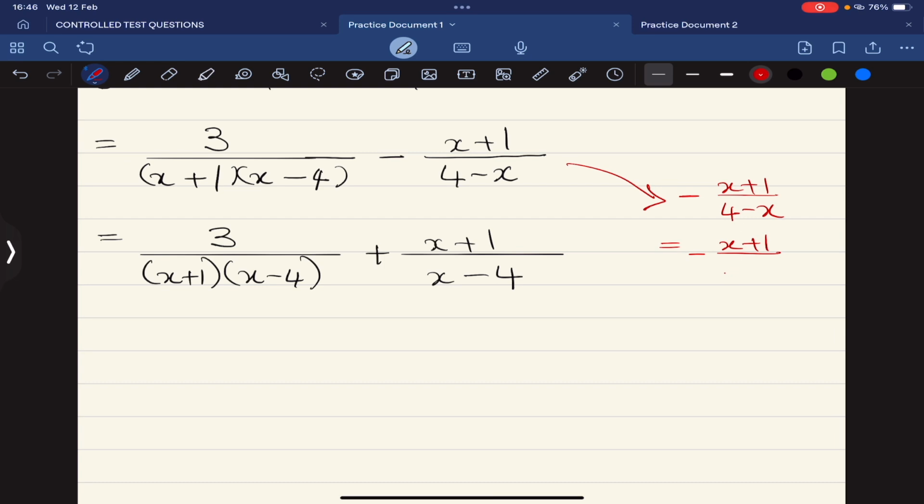I'm going to change the 4 minus x to minus x minus 4. Negative x minus 4 is equal to 4 minus x. They are equal, they are equivalent, because if I multiply this minus into the bracket, I will get negative x and positive 4. So the sign change that we applied here is correct, it's valid.